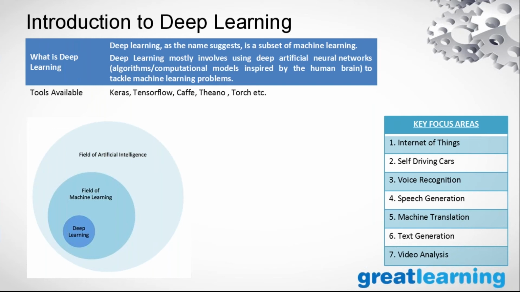Self-driving cars, you might have heard about this an enormous number of times. Google does, Tesla does, all the other companies have started venturing in, and some of them have achieved really good improvement in this space. Voice recognition is another happening area, where we try to recognize voices and generate text from them.